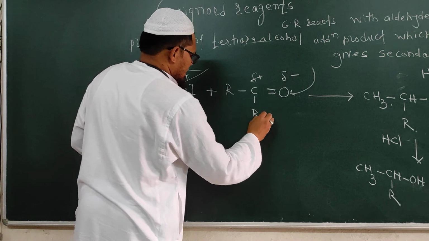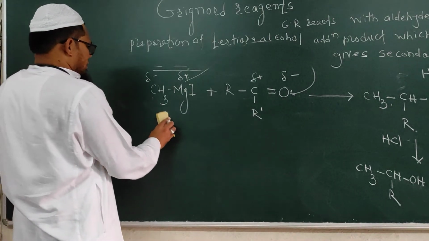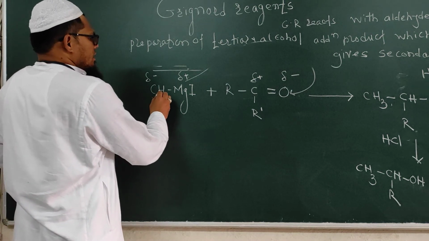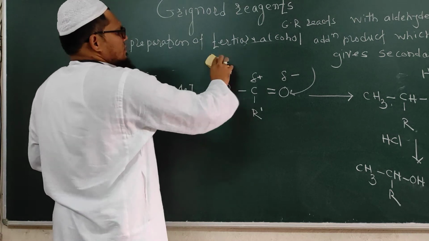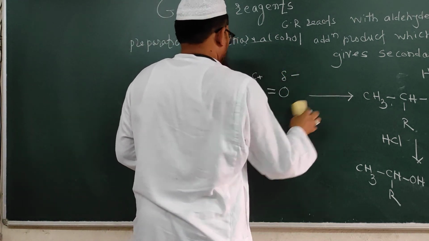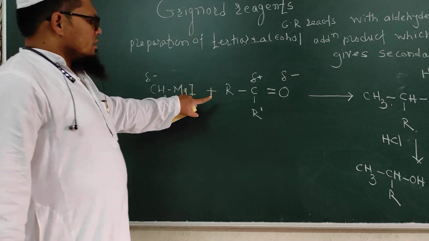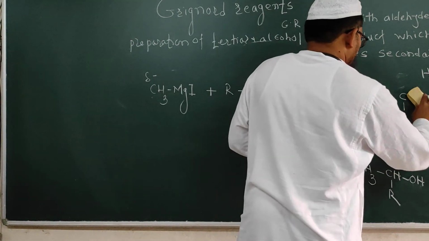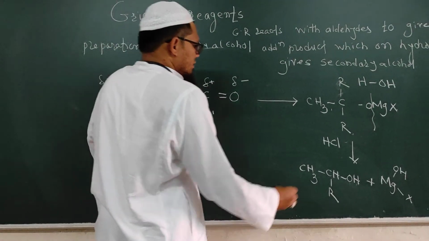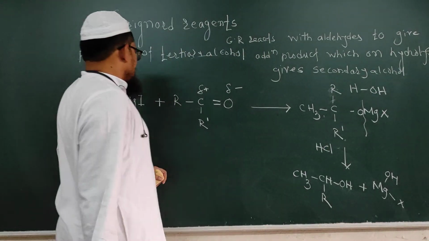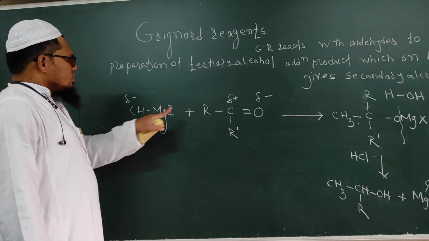Let us take R dash here. Methyl magnesium bromide will attack, it will react with this so as to form CH3. Here it will be R. New R is there, R dash here. Here is this R and this CH3 here.